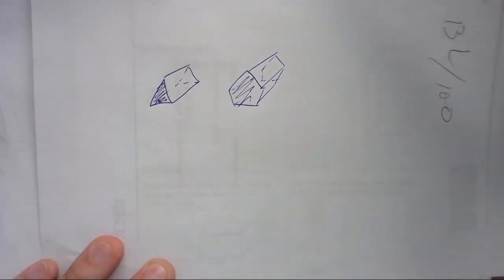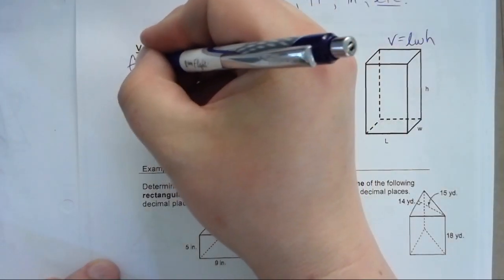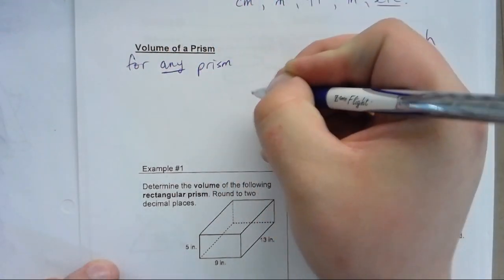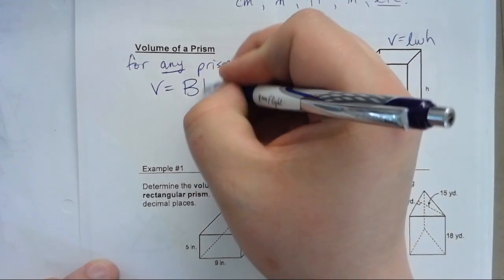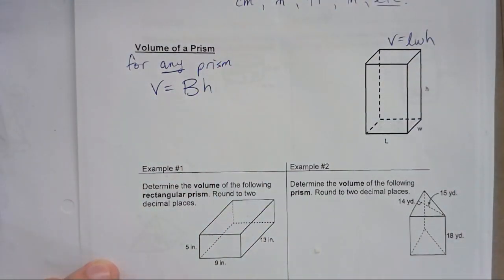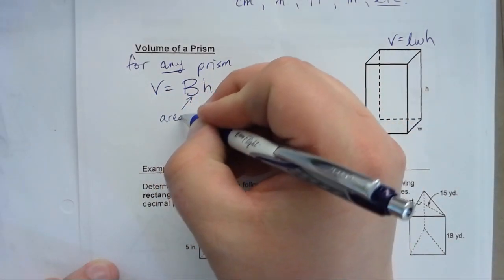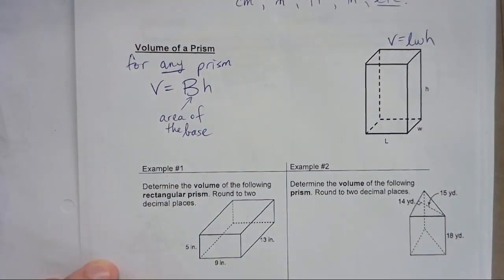So actually, the formula for any prism, volume equals, and I'm just going to write it as capital B times H. Capital B is not a line. What this is saying is area of the base. The base is one of the faces, and in fact it's the face that the object's named after.